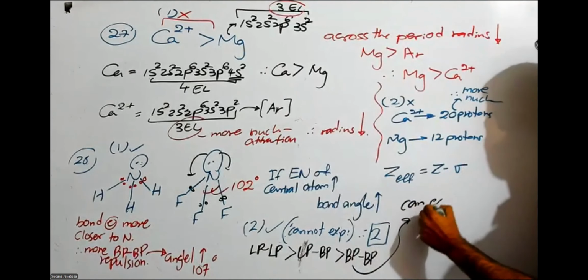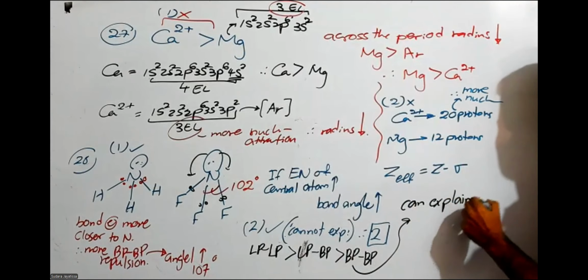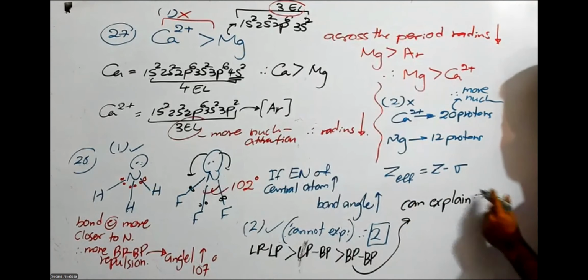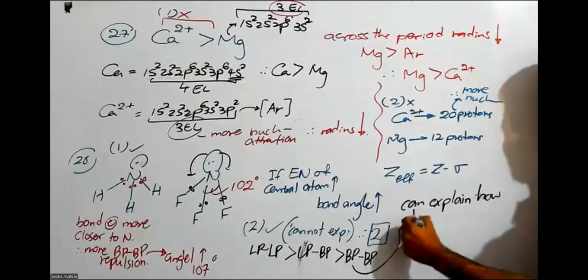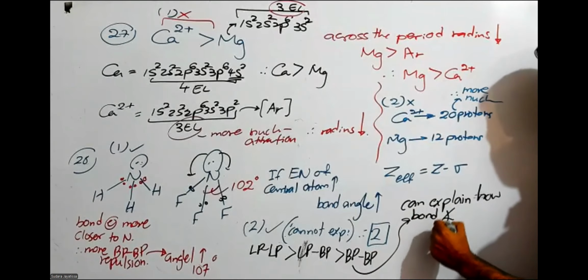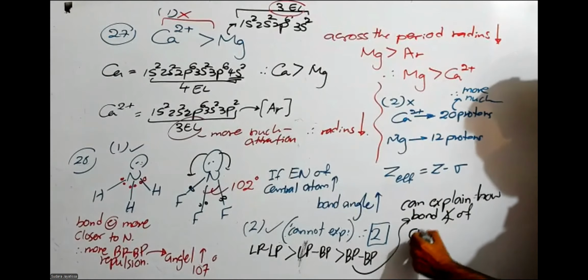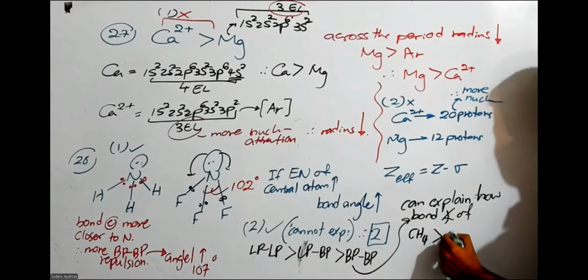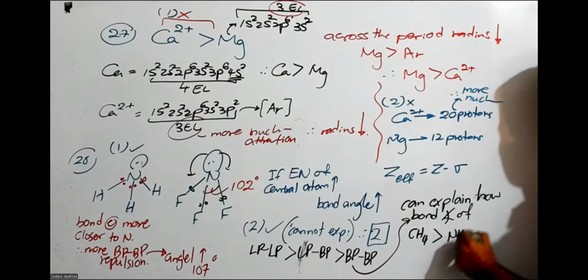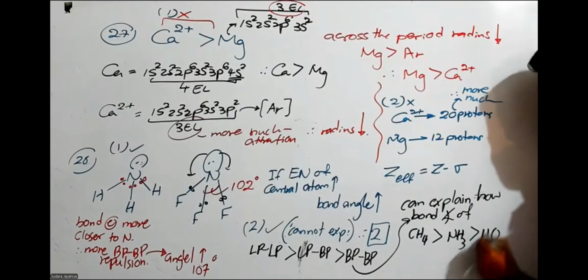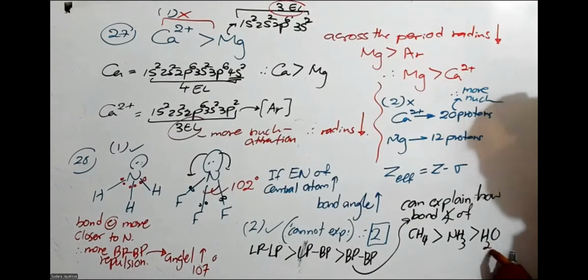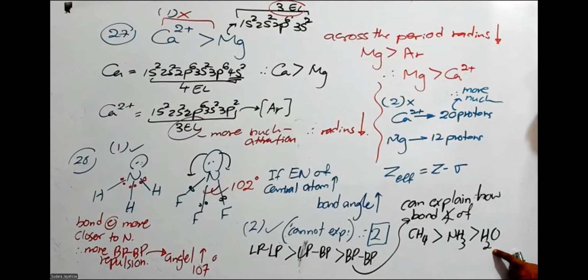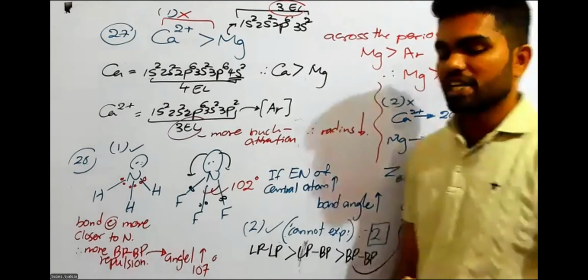This can explain how the bond angle of CH4 is higher than NH3, and water has the lowest bond angle. In water you have LP-LP repulsions like that. So it's good for these explanations, but not for the NF3 and NH3 explanation.